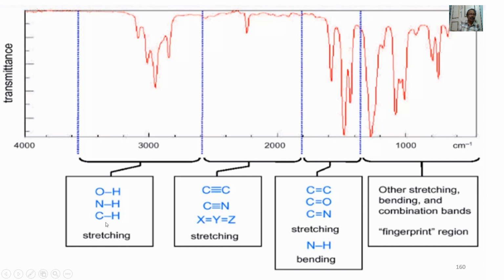OH, NH, CH bonds will lie only within this region. And all triple bonds, especially CC triple bonds and CN triple bonds, lie in this region. And double bonds, CC, CO and CN, lie in this region. And this is your fingerprint region, which we don't want.